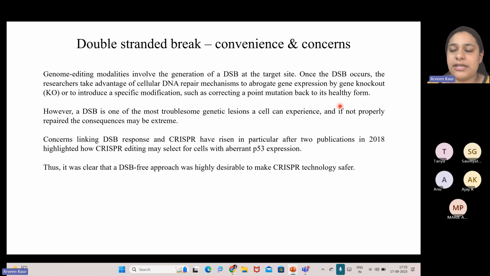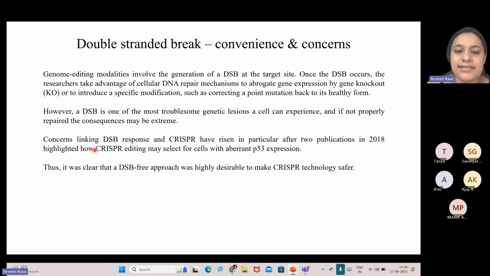So this was what was being done when researchers were using HDR or NHEJ mechanisms to direct the kind of mutations that they liked in their models, right? Although the double-stranded break helped achieve these objectives, it was also a little troublesome. Why? Because genetic lesions could basically affect the cell, and if they were not properly repaired, it could have extreme consequences.